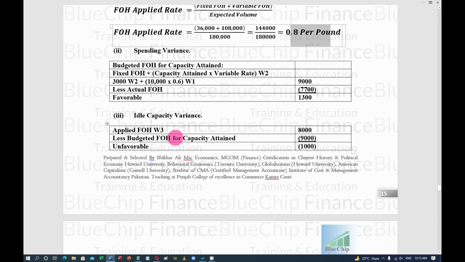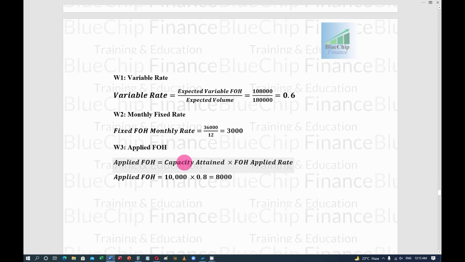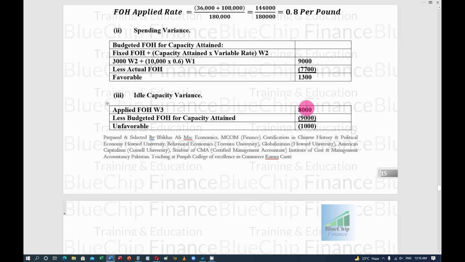So your applied FOH is capacity attained, that is 10,000 units, multiplied by FOH applied rate, that is 0.8, equal to 8,000. So 8,000 minus budgeted FOH for capacity attained, which we already calculated as 9,000, and the result is minus 1,000, so that is unfavorable.